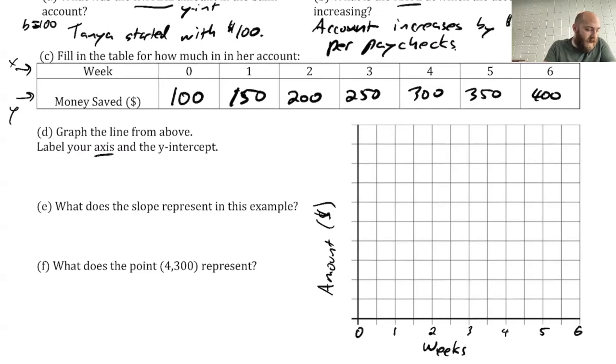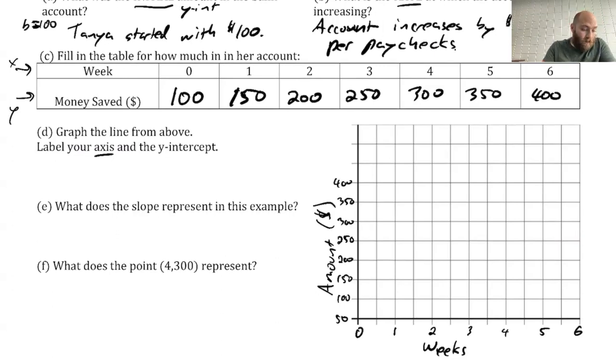If I want to start at 0, 0, I could, but I don't have to. So I'm going to start my y-axis a little bit under 100. Let's go 50. So 50, 100, 150, 200, 250, 300, 350, and 400.